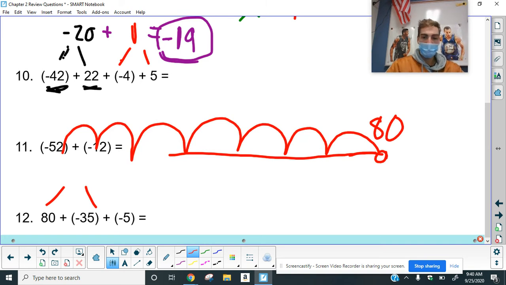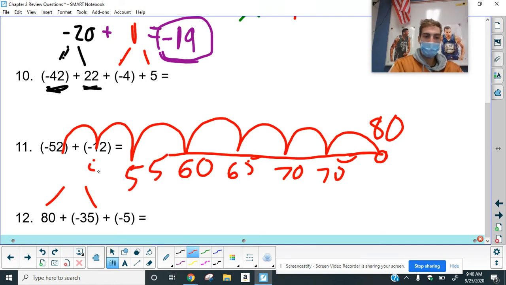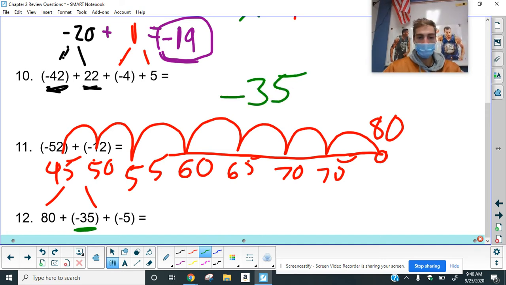If I go 5 less each time, I'm going to end at 45. So if I subtract 35 from 80, I'm going to be at 45.